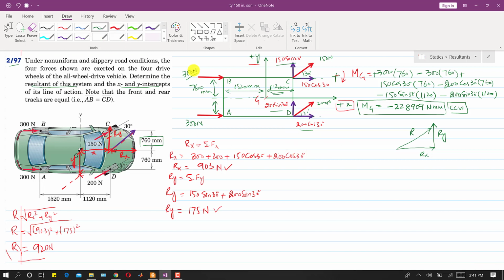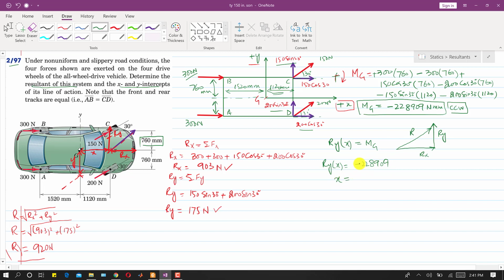So we will write Ry, and the perpendicular distance of this Ry from G is x. So I will multiply it by x, and equate it to the moment about G. So Ry into x is equal to minus 228,909.